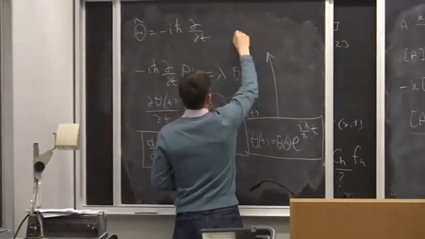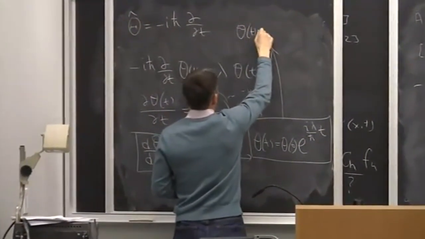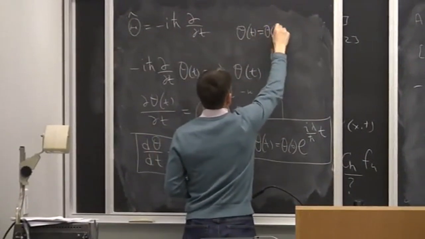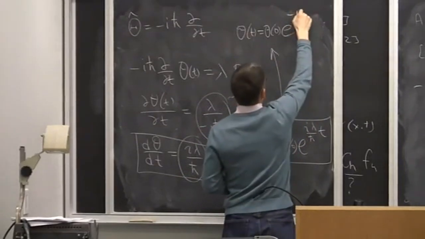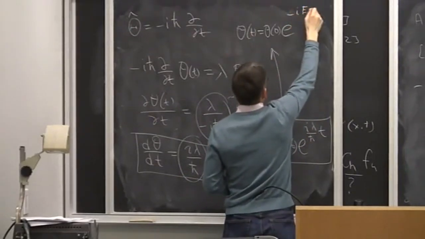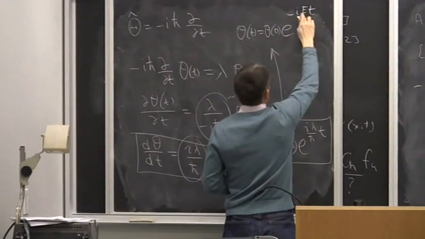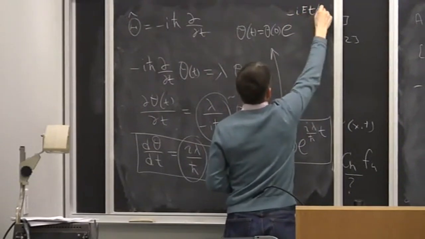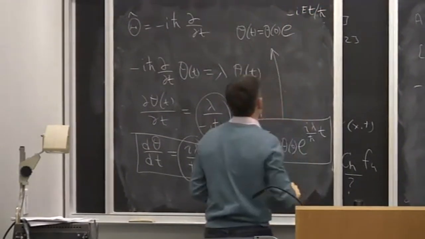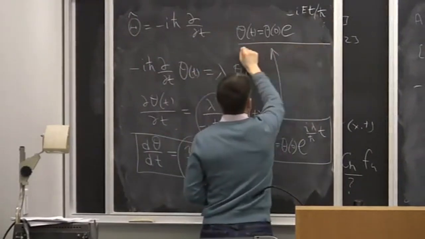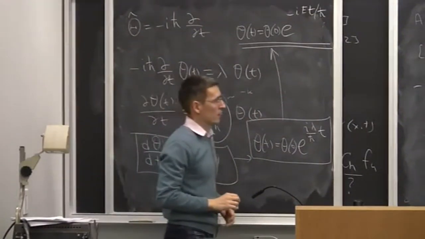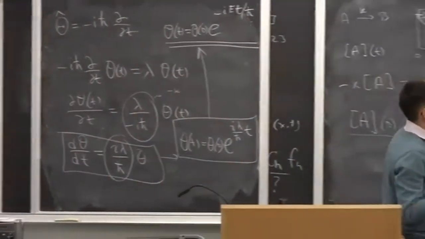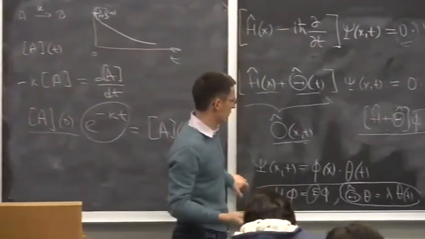And so then the theta of t will be written as theta at 0 multiplied by the exponent of minus I E times time divided by h bar, right? So that's our time function, okay? So you see, we already done half of the work.